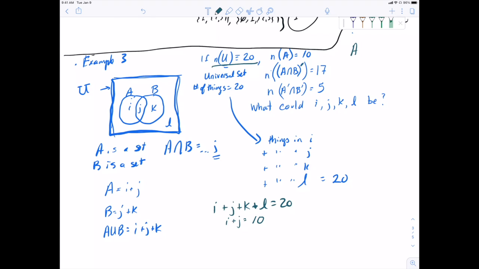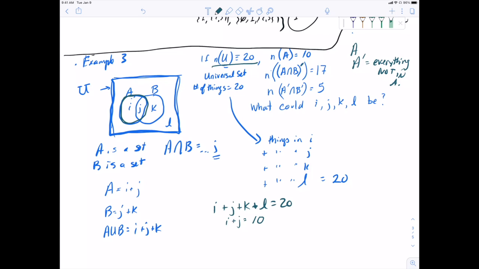A is everything in the set A, and A naught is everything not in A. So if this is A, then A naught would be K plus L, right? It's all this stuff that's outside of A. Sorry that I didn't explain that earlier, but we can keep going.